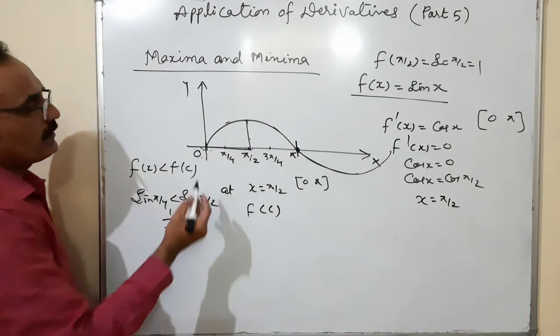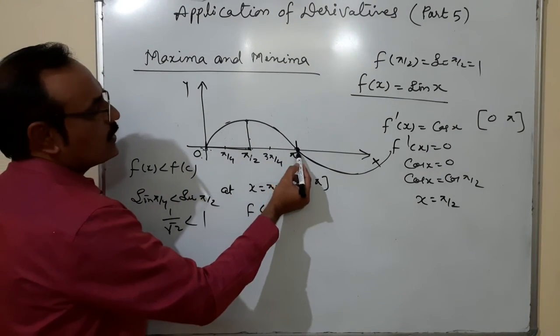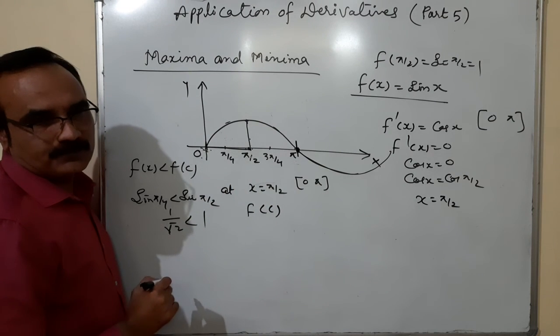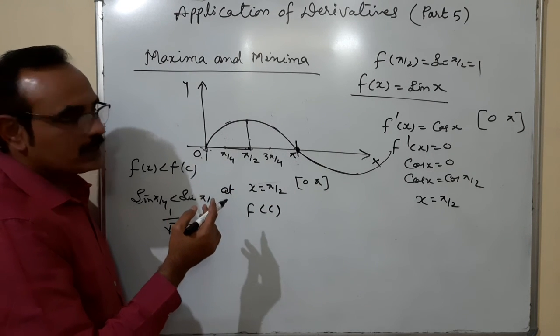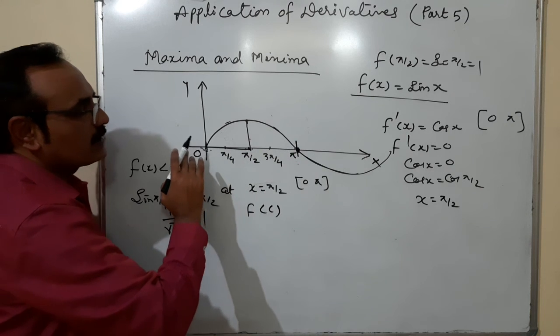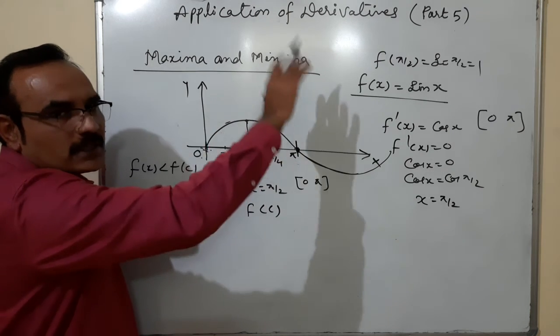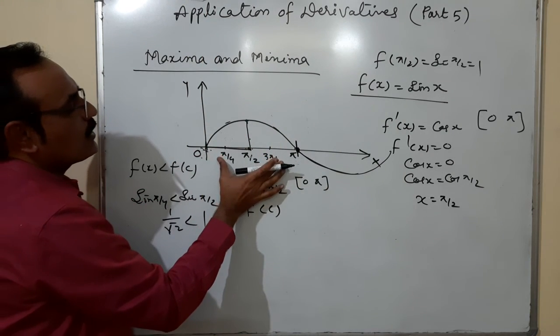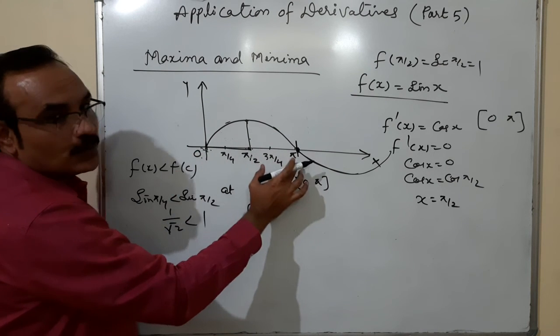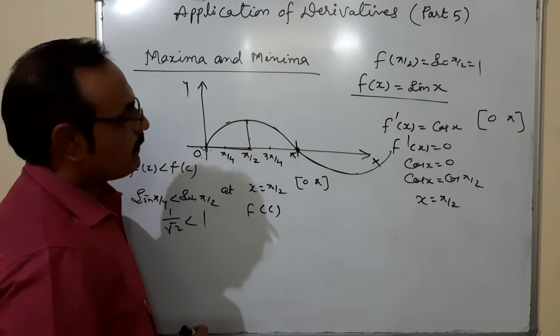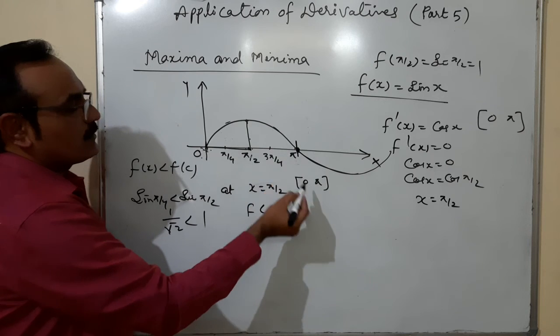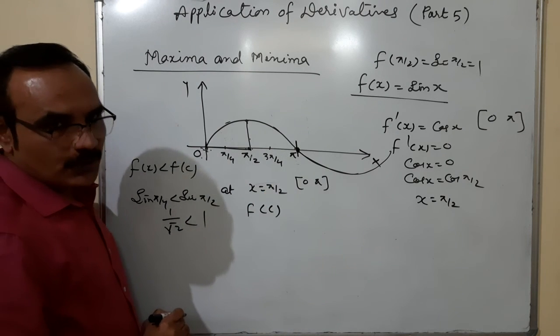This is the local maximum value. It's not the value in the complete interval, it is the local maximum value in the interval 0 to pi, because this interval is given here.